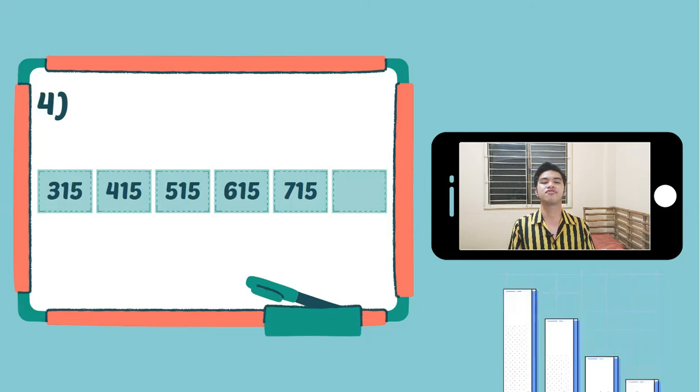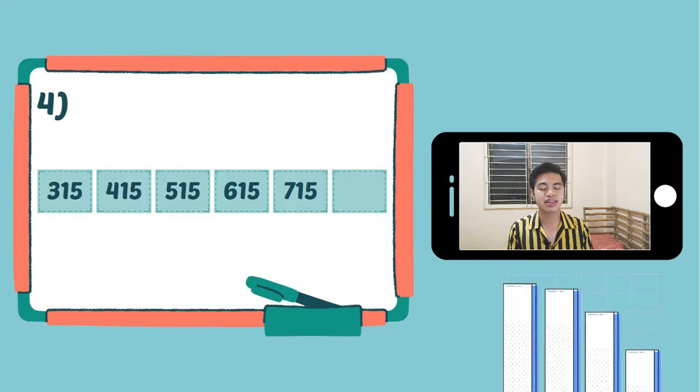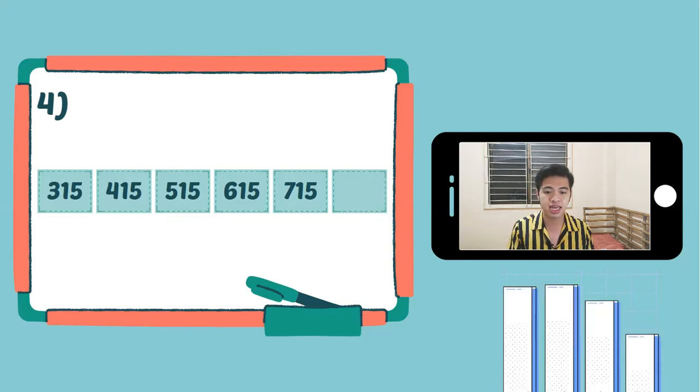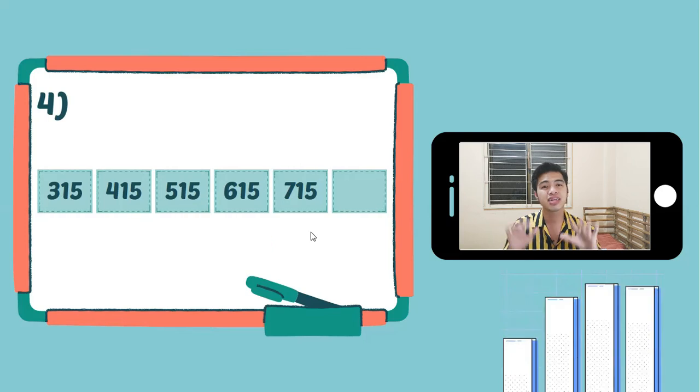Okay, so for number 4, we have 315, 415, 515, 615, and 715. So let's find out the relationship that these numbers have. So we have 715 and 615. What happened to those numbers? Good job! They increased by 100.